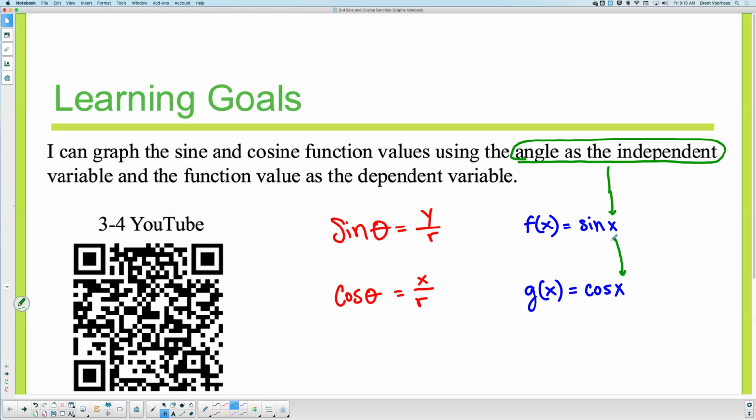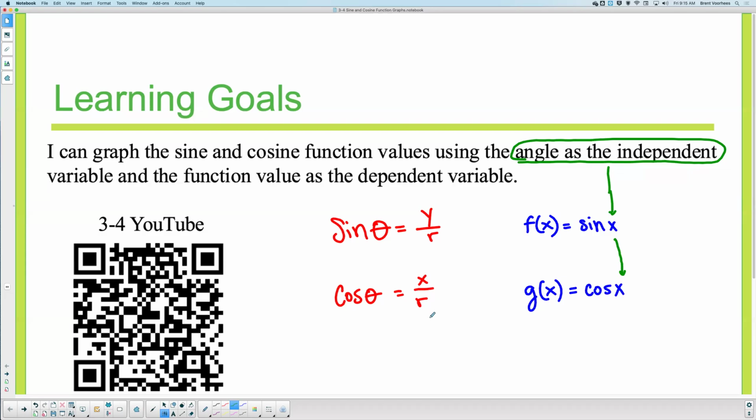So what do I mean by that? You see this x value right there? This x value will not be the x-axis. This x value will actually be the dependent y value that comes out. So this side of the equation, the function's height, will actually be the y divided by r. Or in the case of cosine, the function g of x, which would be like the height, will actually be the x over r.